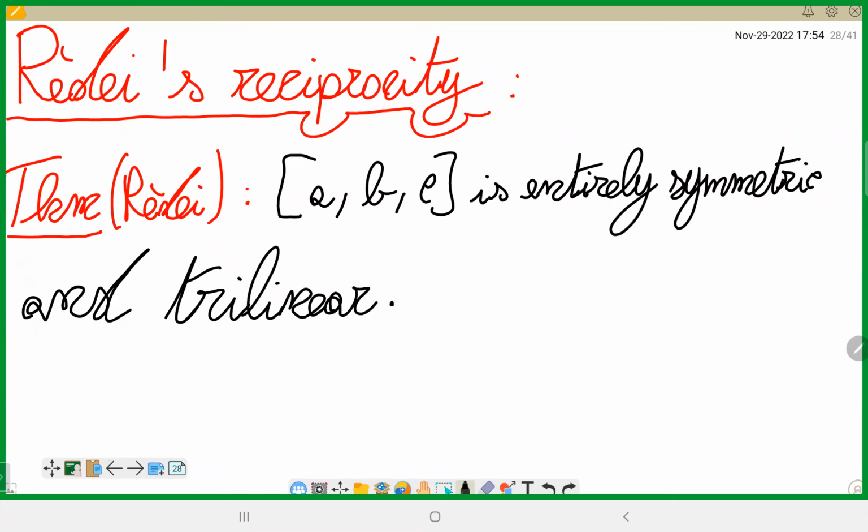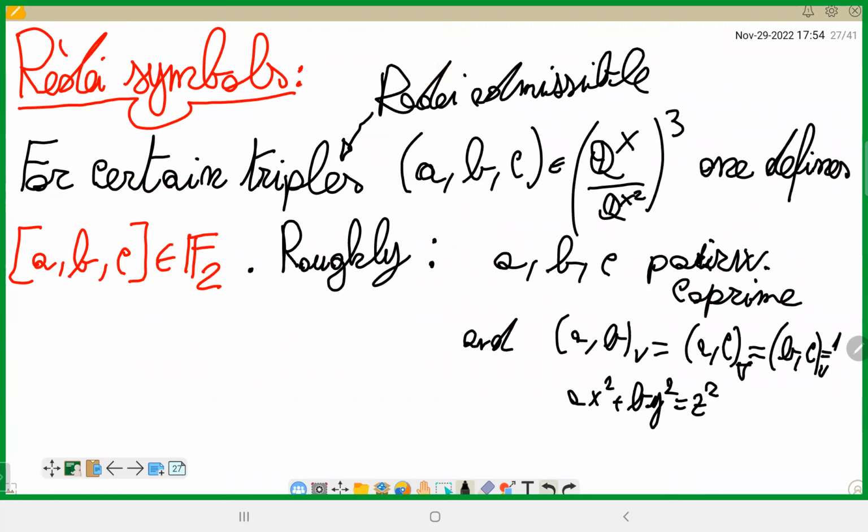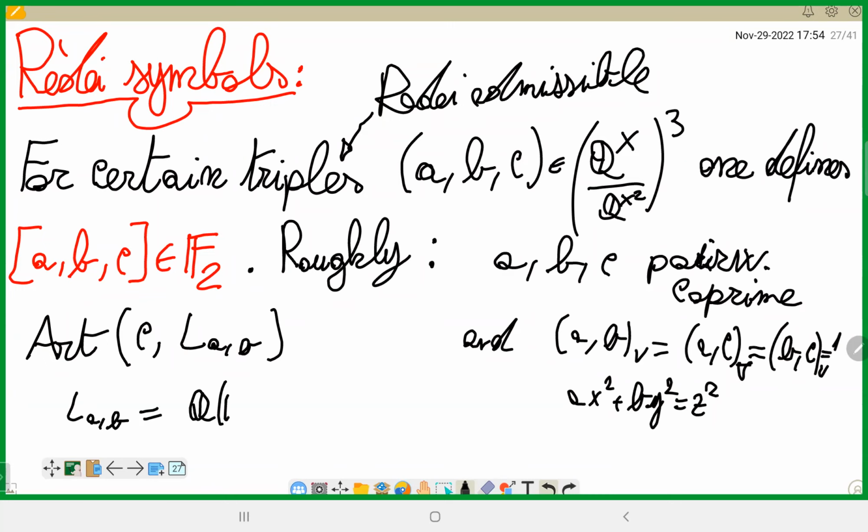And that's non-trivial because the symbol is defined as an Artin symbol of C in an extension that depends on A and B. Some extension that depends on A and B. And this extension is essentially an extension like this, Q root A, root B. And then you take a suitable solution to this conic here, and you do root Z minus root AX.